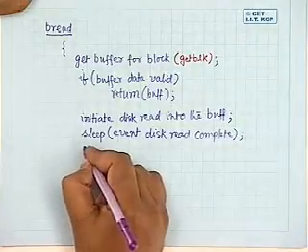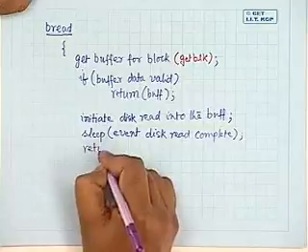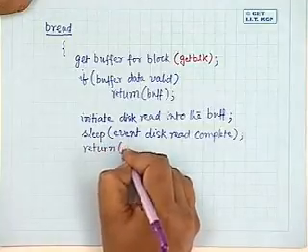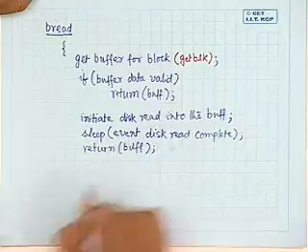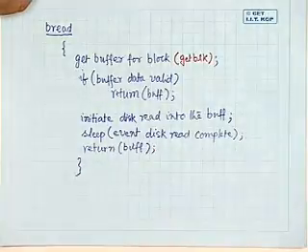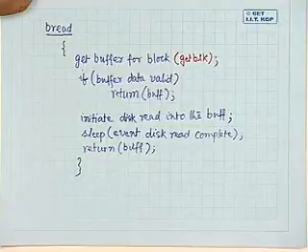Once disk read is complete, the buffer containing the new block can be returned. So this will be the block read operation whenever a process wants to get data from a particular disk block.